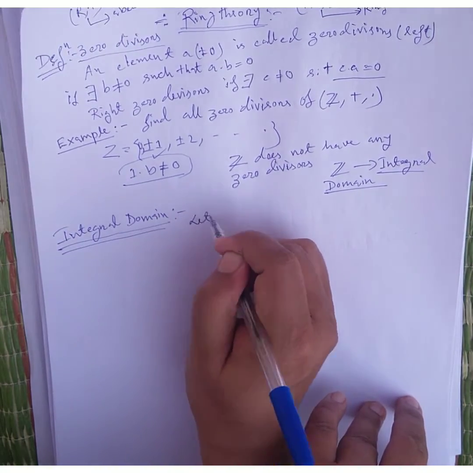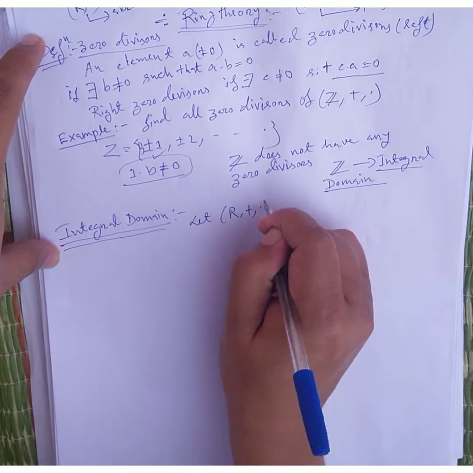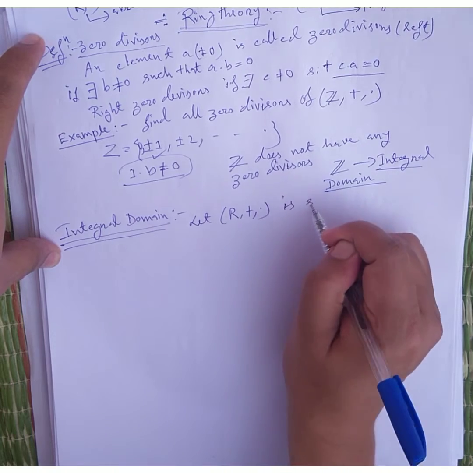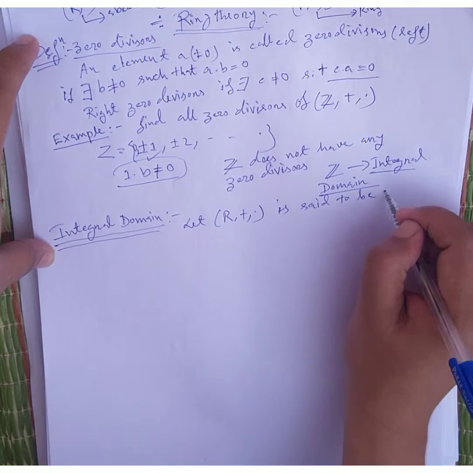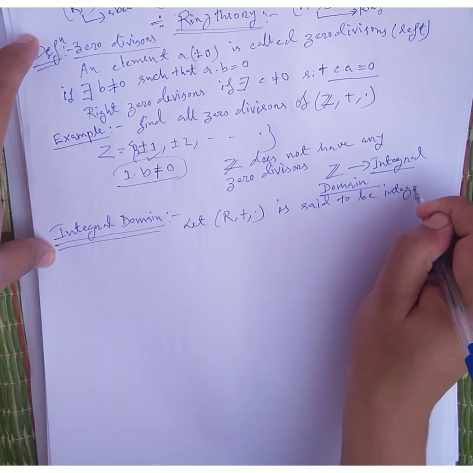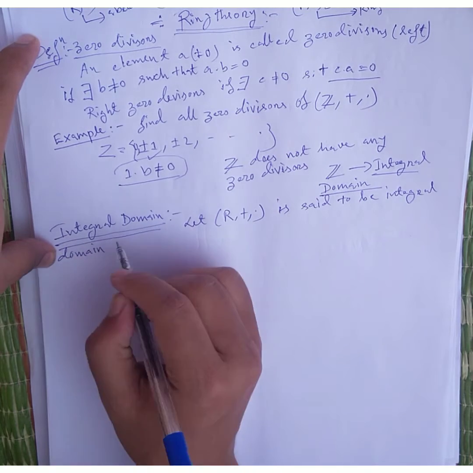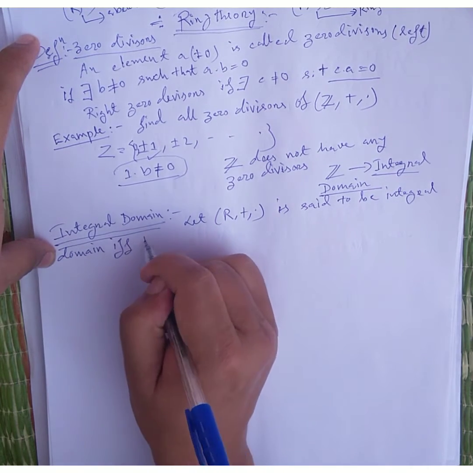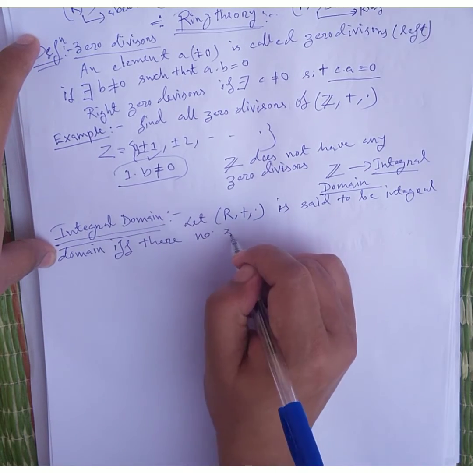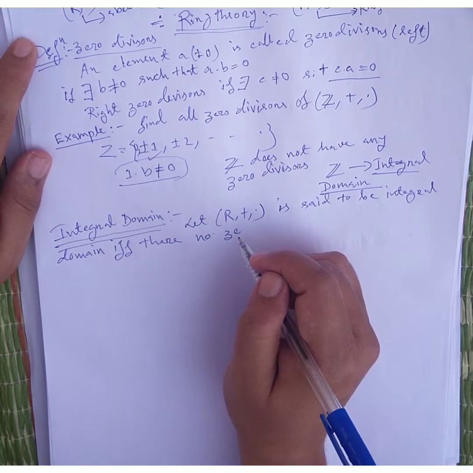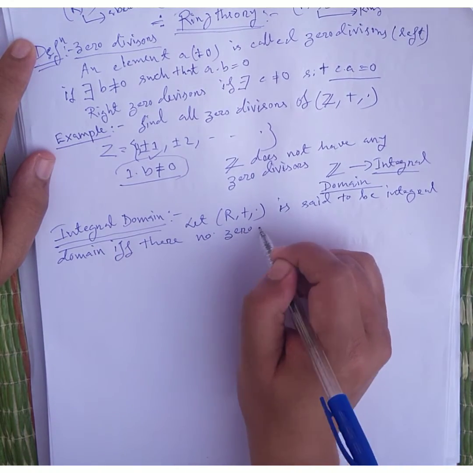Let (R, +, ·) be a ring. It is said to be an integral domain if and only if there are no zero divisors.